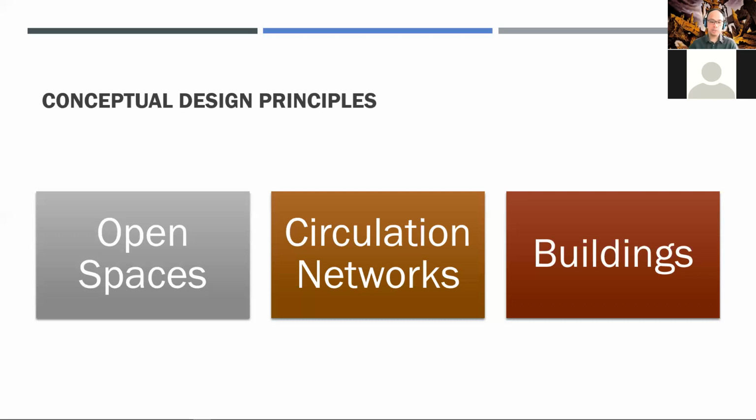Circulatory network design principles include establishing gateways and creating a strong sense of arrival. The primary entrance to a site, for example, could be located on axis with the proposed building or some other significant on-site or off-site feature.